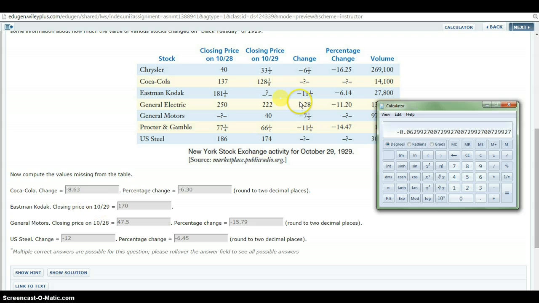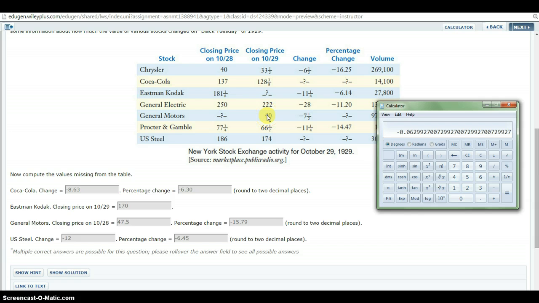Closing price for Kodak. So again, we're just going to do the same thing here. We know the change. We know what it closed on this day, so we know that it went down. We subtract 181 1/8 minus 11 1/8 to get the 170. General Motors, we have that the change is a 7.5 unit drop.